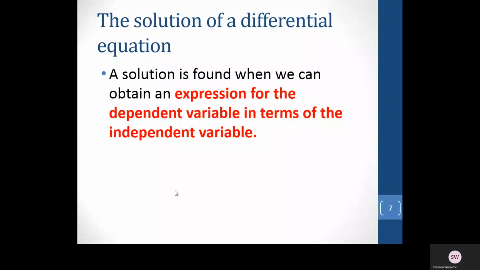That means for a differential equation involving terms like dy by dx plus 3 times d2y dx squared, where the dependent variable is y and the independent variable is x, if we can find an expression for y in terms of x, it is called a solution of the differential equation, and the solution should satisfy the given differential equation.